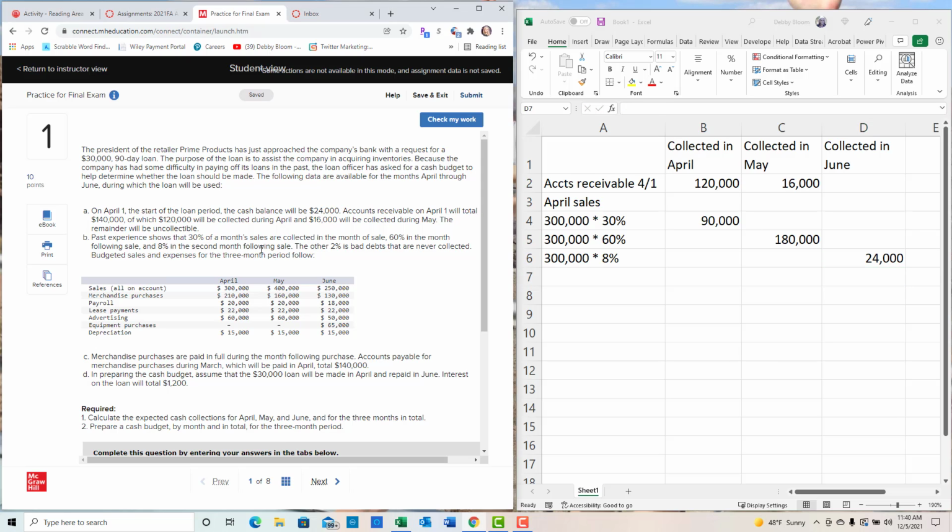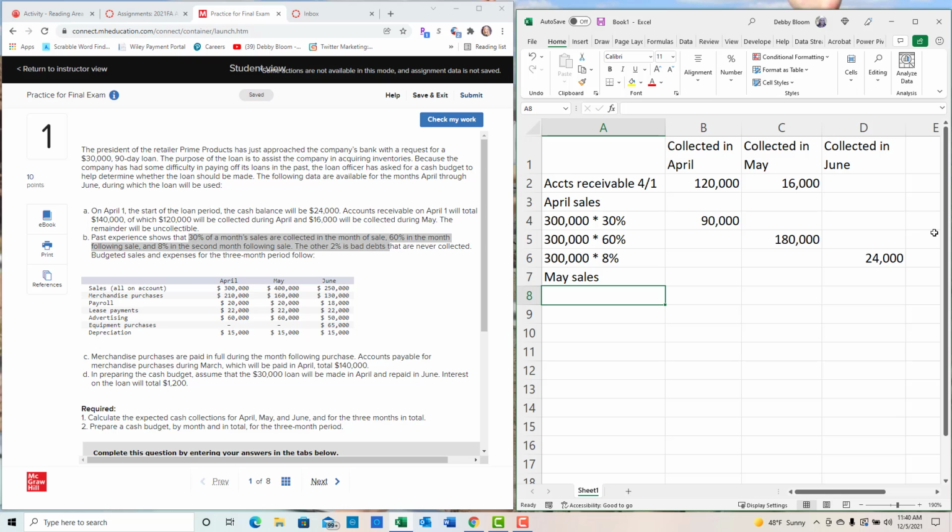Because again, we were given that in the problem: 30% in the month of sale, 60% in the month following sale, and 8% in the second month following sale. Now we need to follow the same pattern for May sales, but May sales are going to be collected in May, June, and July.